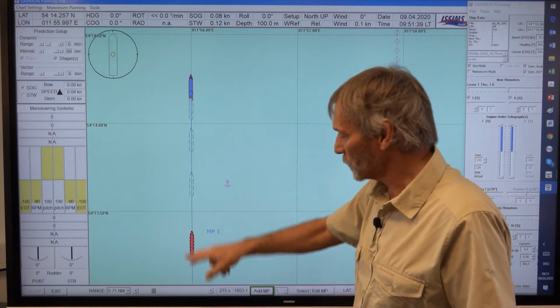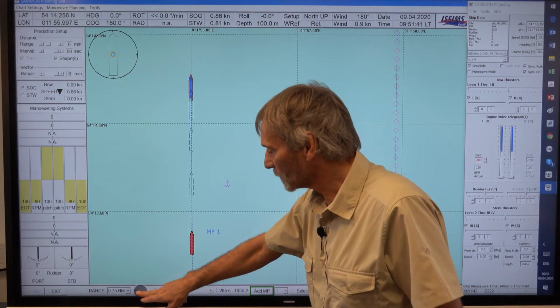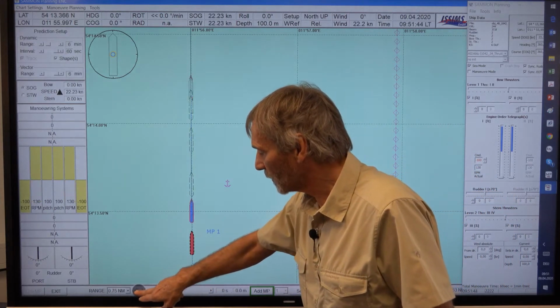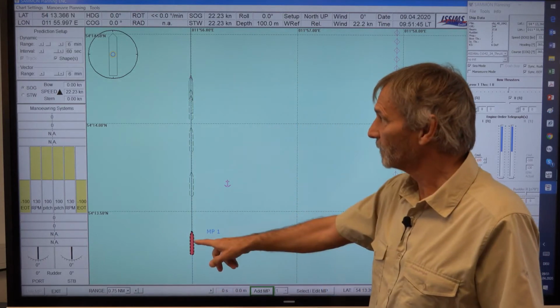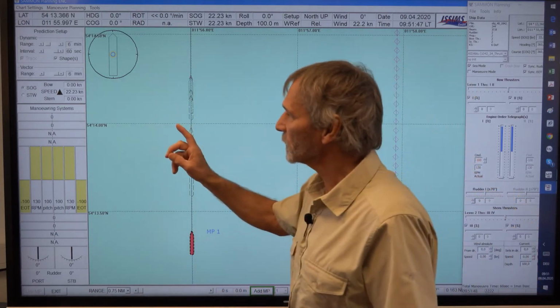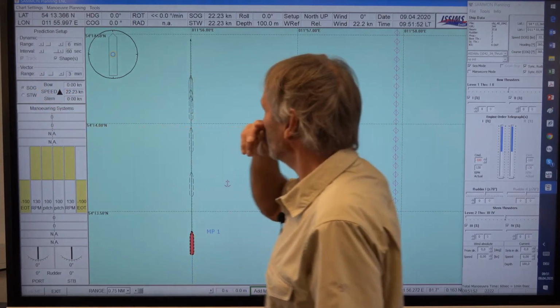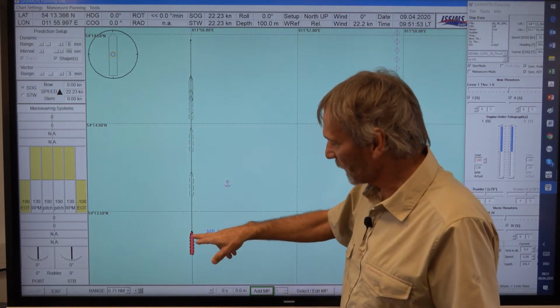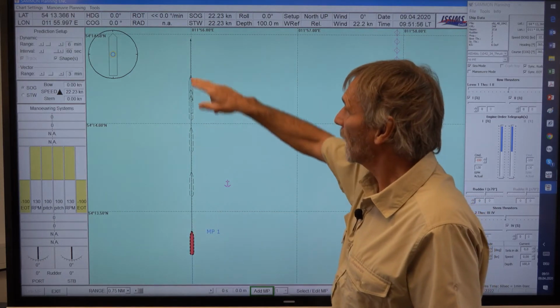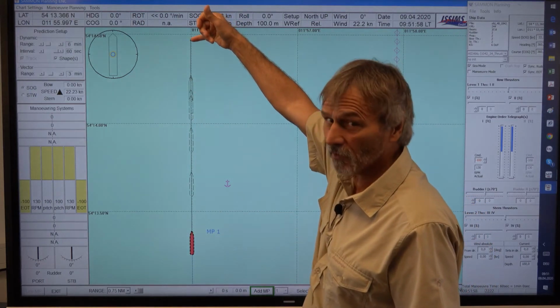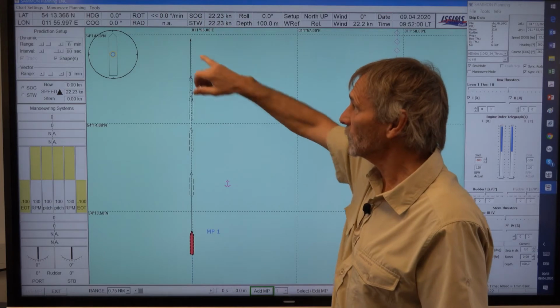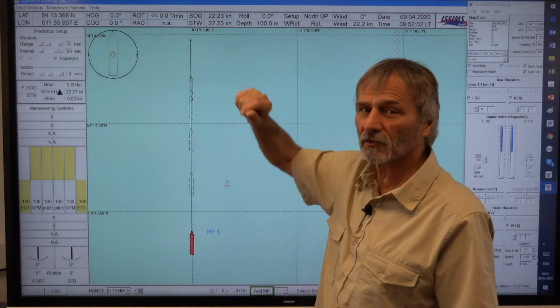So I move the ship back to the starting point of the stopping maneuver here. And now we can adjust our speed vector. For the time being, it's 6. Now it's 3 minutes. And you see the speed vector is from here up to this tip of the arrow. So this is the speed vector for 3 minutes.